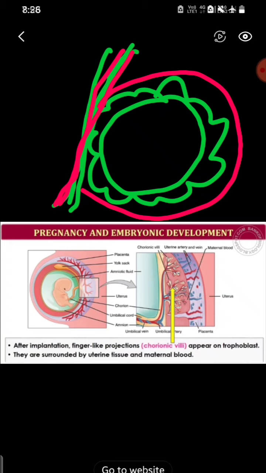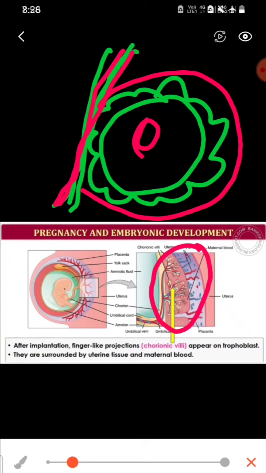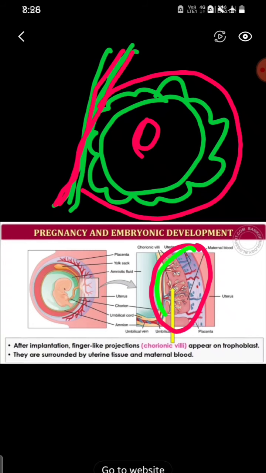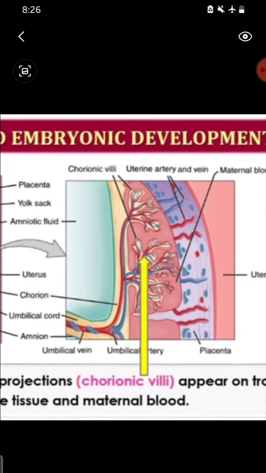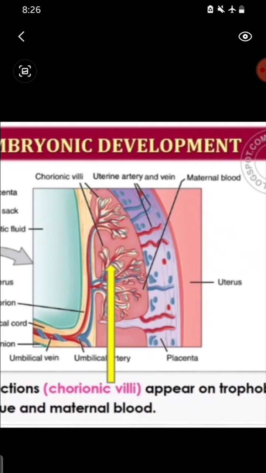So after implantation, what happens? The finger-like projections, here you can see the chorionic villi, finger-like projections in the diagram. We call them chorionic villi, and they appear on the trophoblast. The trophoblast layer is on the outside.